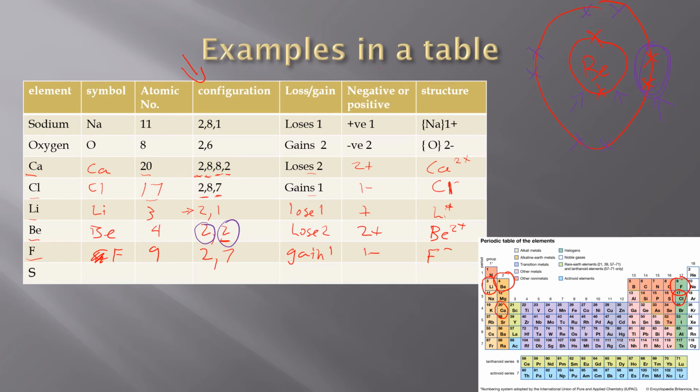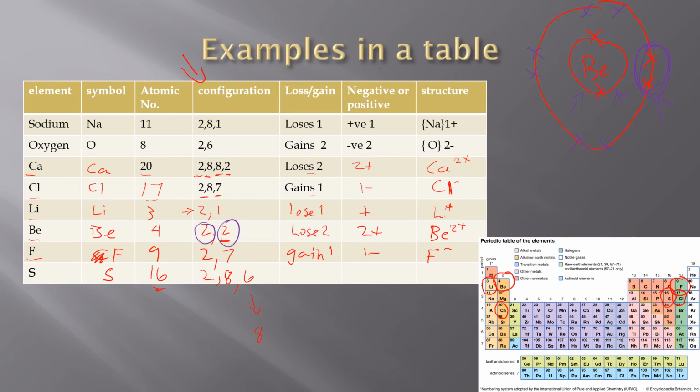And the last one is S, which is sulfur, 16 right there, group 6. Sulfur has 16, 2 in the first layer, 8 in the next layer, 2 plus 8 is 10. We only need to get to 16, so there would be 6 in the last layer. If we have 6 electrons in our last layer, we need to get to 8 to fill that level.